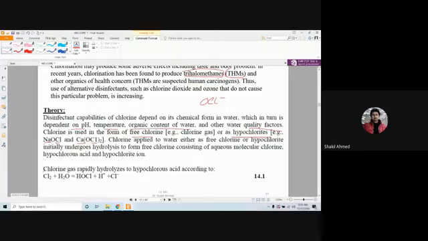When you add chlorine to water, it forms chloride ion and hypochlorous acid. This is hypochlorous acid. Are you following me, guys?